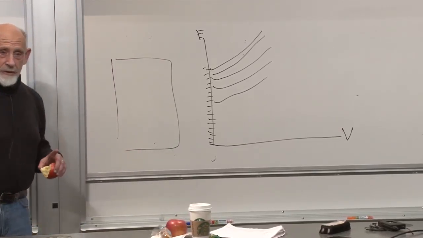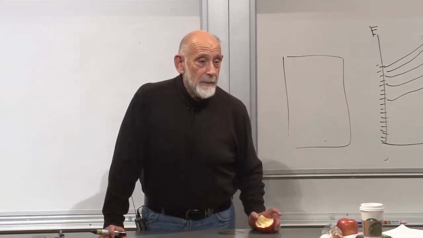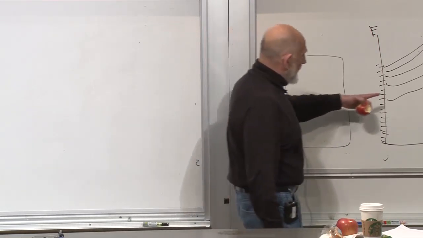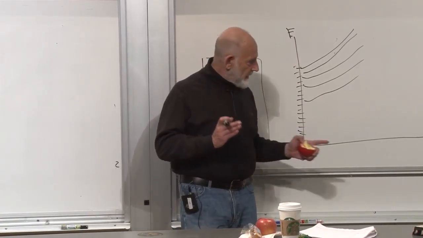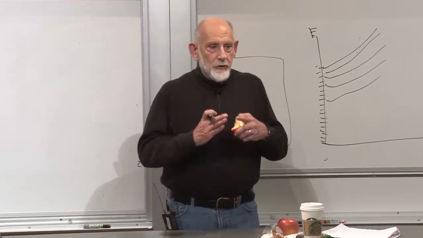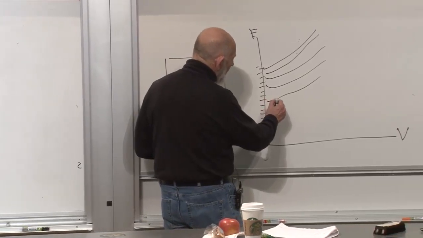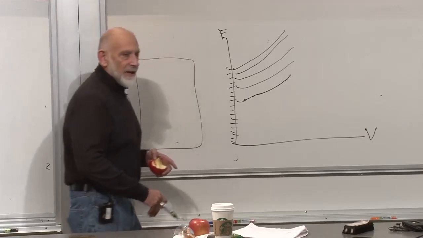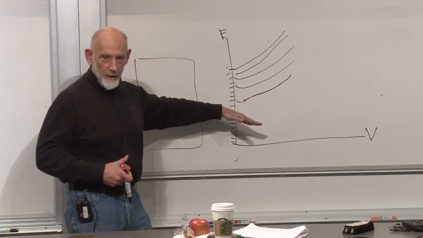Now, what is true? This is something that I'm not going to prove for you. It's a quantum mechanical theorem. It is called the Adiabatic Theorem. And what it says is that if a system has a definite energy and you slowly change the parameter, in this case the volume, whatever the control parameter happens to be, the system will stay and simply ride along the energy level. It won't jump from one energy level to another.